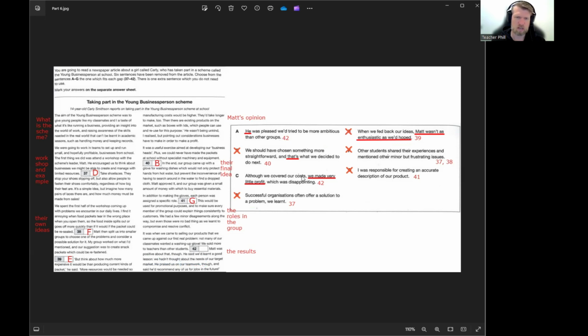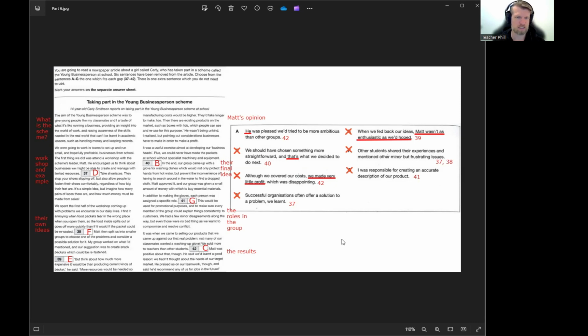So it says, although we covered our cost, we made very little profit. So that's something negative. And if it says then Matt was positive though, I guess that makes more sense. There's a contrast. So I like C a little bit more. So I take C, which means that A is the sentence that we do not need to use, at least in my opinion. So once again, yeah, let me know in the comments if you agree with me or not.